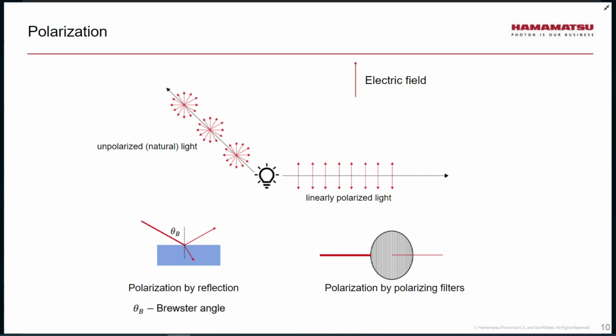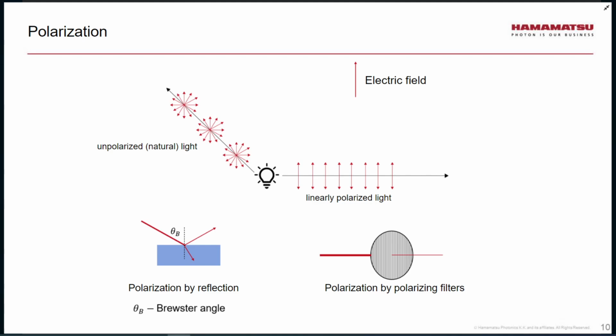I know you cannot see the mouse, so let me just describe. The direction of light towards the upper left corner, where the arrows are pointing in random directions, that will be depicting unpolarized light. So there is no preferred direction in which electric field oscillates. The other extreme is linearly polarized light, where electric field oscillates as shown in the vertical direction.